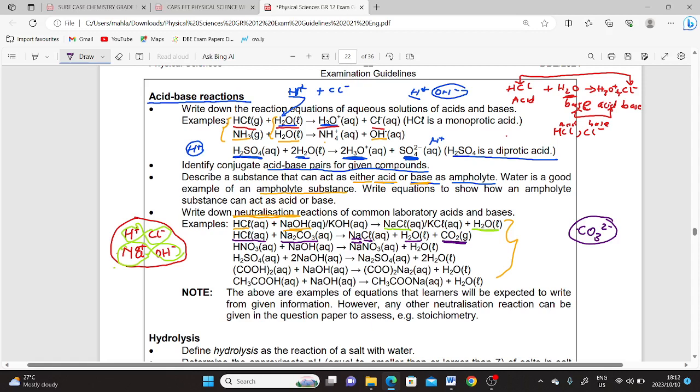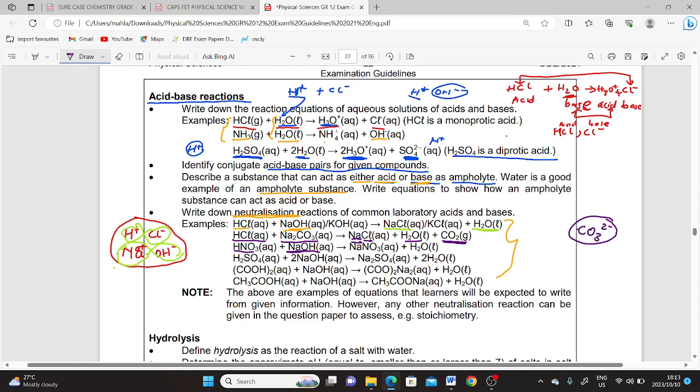Right, number 3, we have nitric acid being neutralized by a strong base.